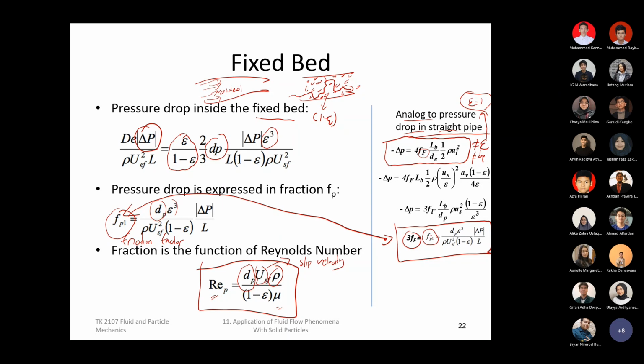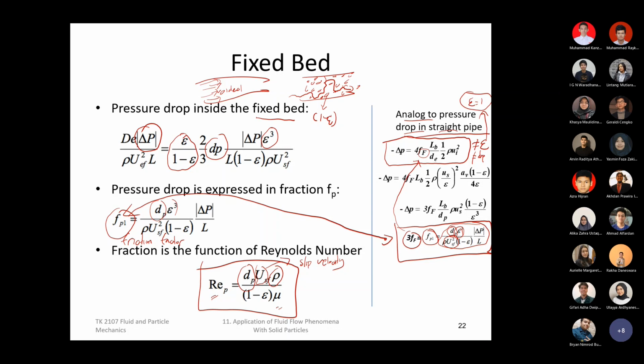In order to calculate the FP in the presence of particles, you have to accommodate the epsilon, the particle diameter, and the slip velocity. All of this calculated together, you get the FP, which is like 3 times the FF. So now it's almost like a straight pipeline calculation.